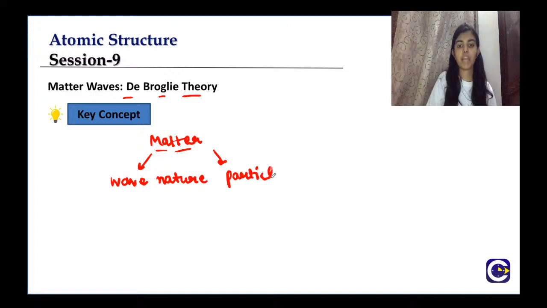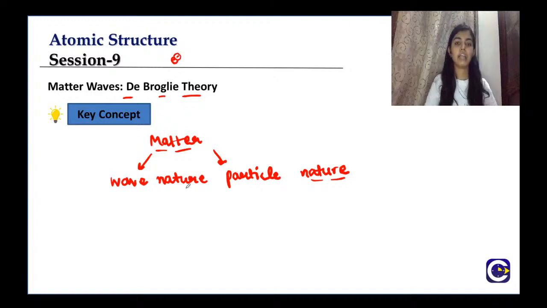We already know that matter has a particle nature, because in Bohr's model also he considered electrons as subatomic particles. De Broglie said no, if electromagnetic radiation can have a particle nature, then why can't matter have a wave nature itself? So this was the key concept behind the de Broglie theory.